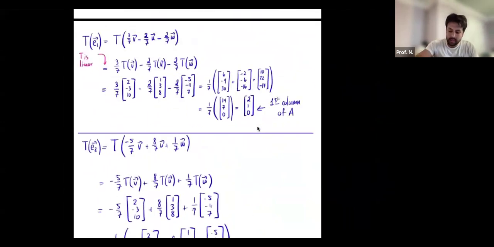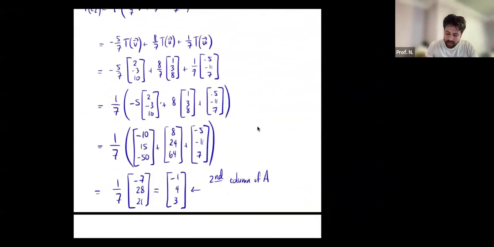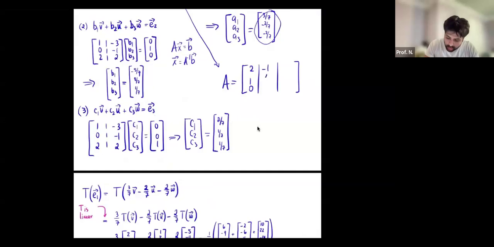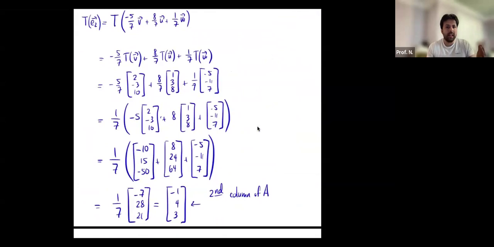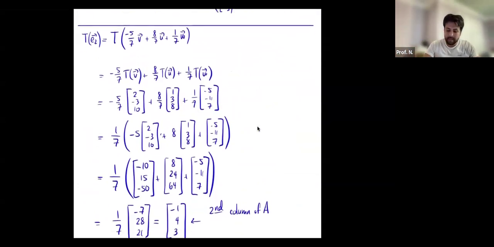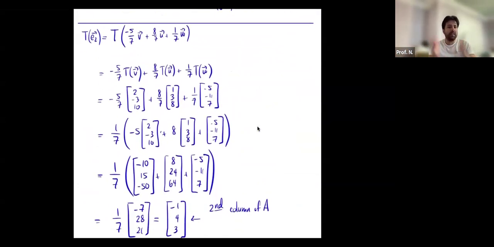So now I know my second column of A. My second column is what? Negative 1, 4, 3. And I just have to do this one more time, and I get where E3 goes. And then I have the standard matrix representation of T. And once I have that, then I know where everything else goes.